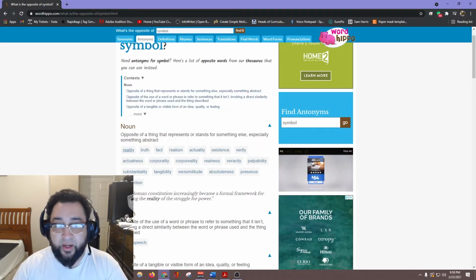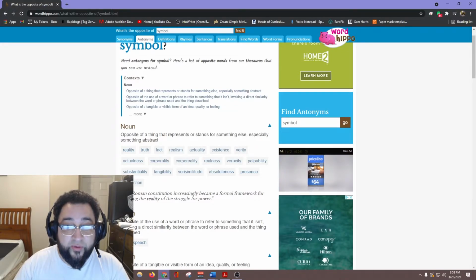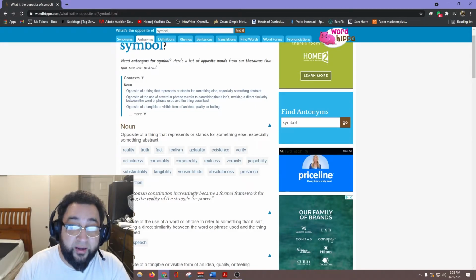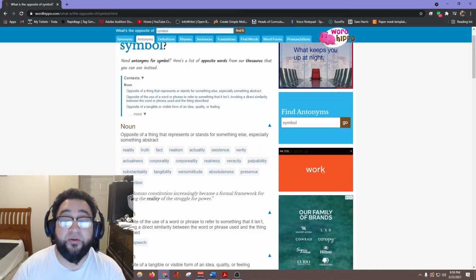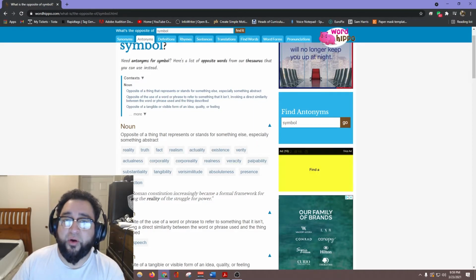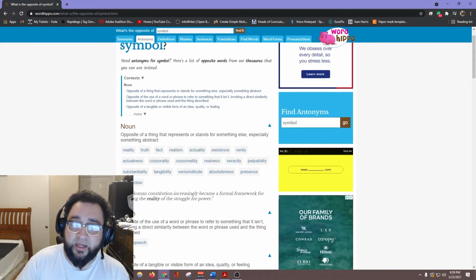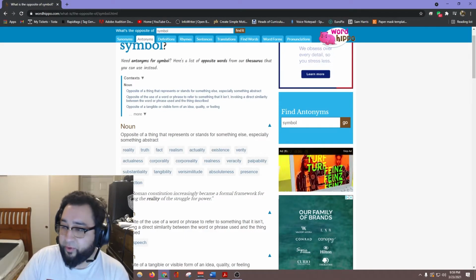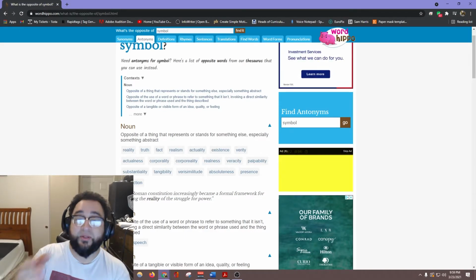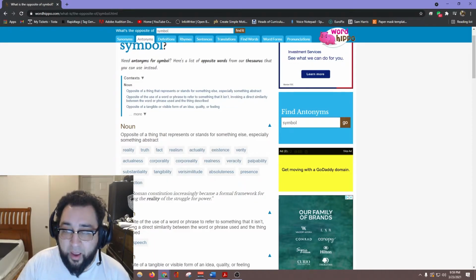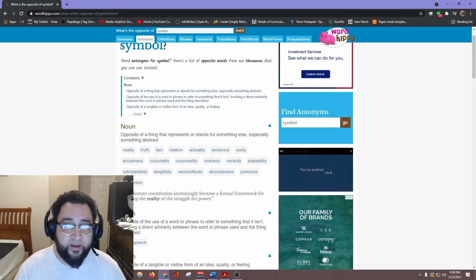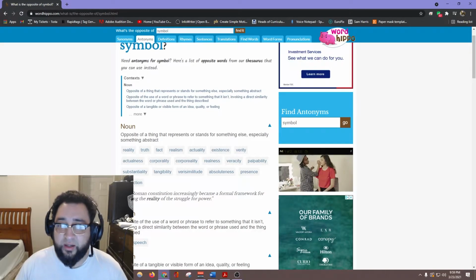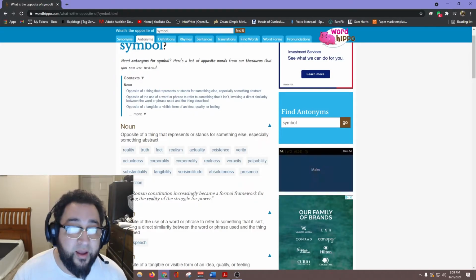Instead of the representation, we're getting the actual thing: the truth, the fact, realism, actuality, existence. These are all words we're using in opposition to the word symbol, because symbol, like we saw before, is an abstract reference to something else. As the antonym, instead of a reference to something else, it is the actual thing.